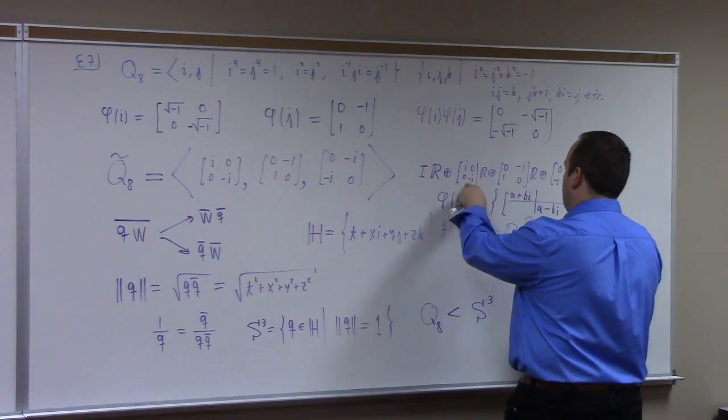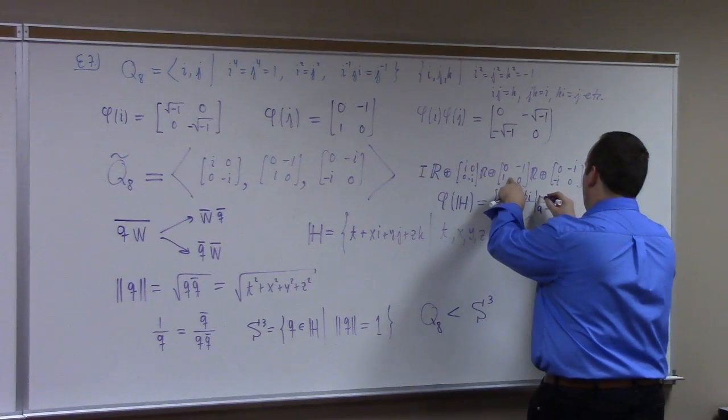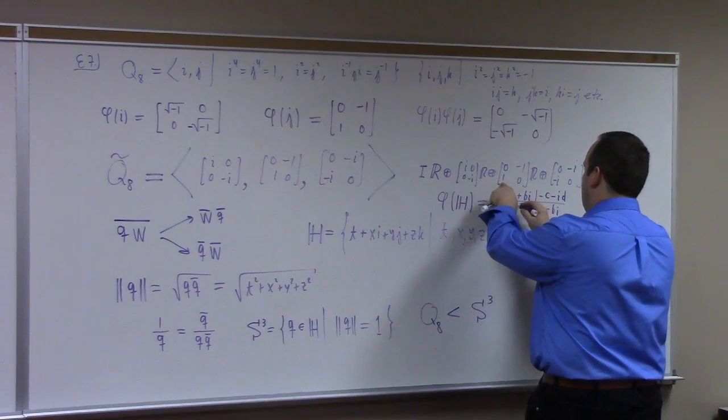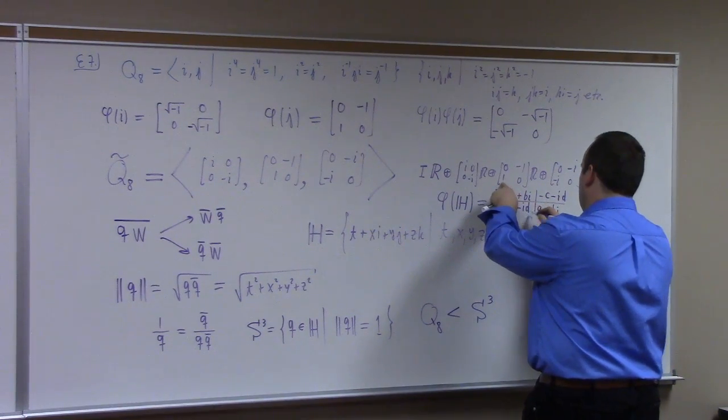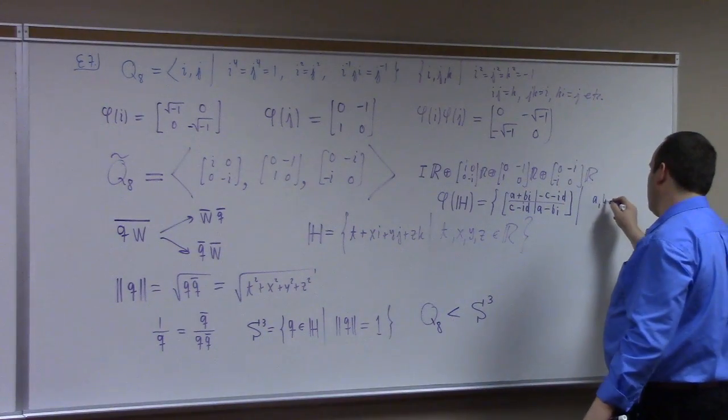Then over here I've got minus C, minus iD, and then C minus iD. These A, B, C, D are real numbers.